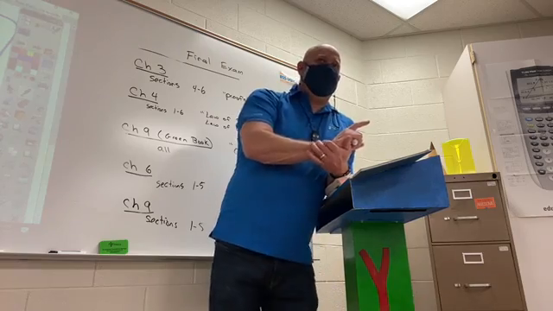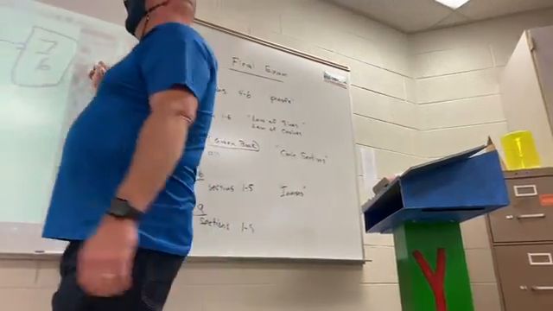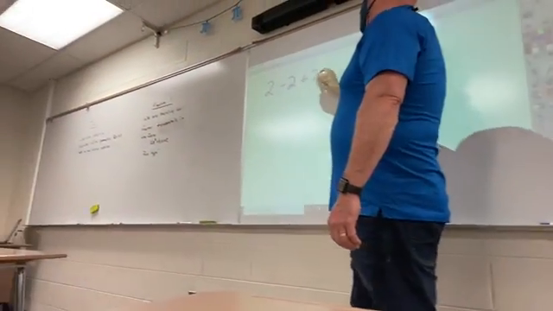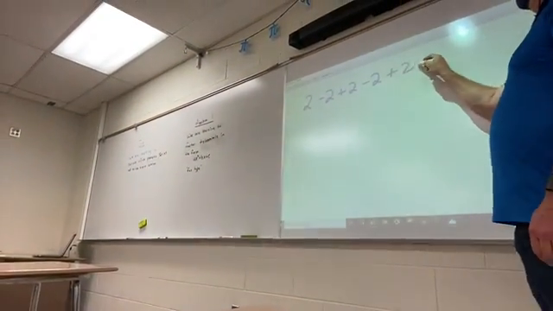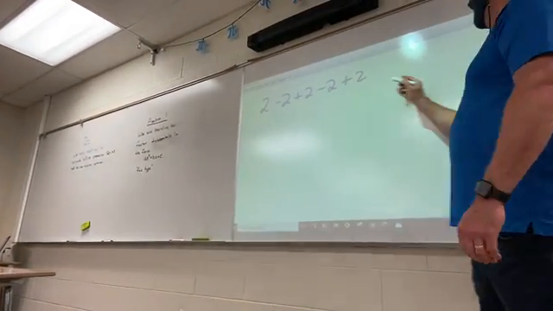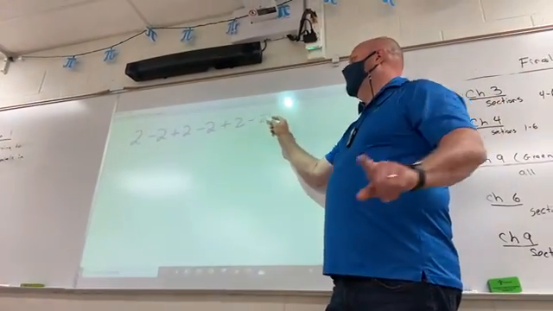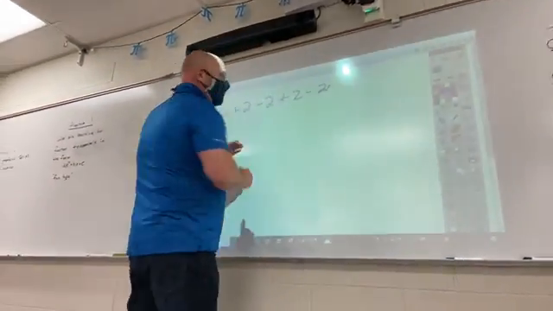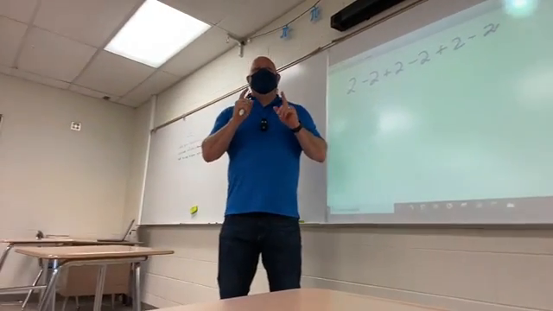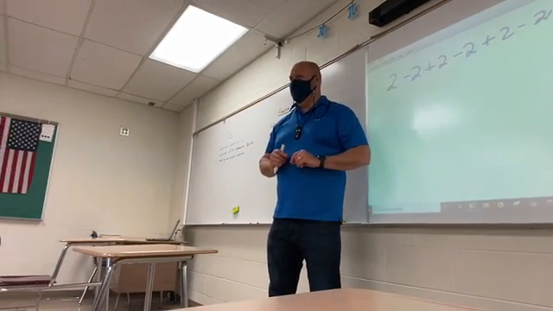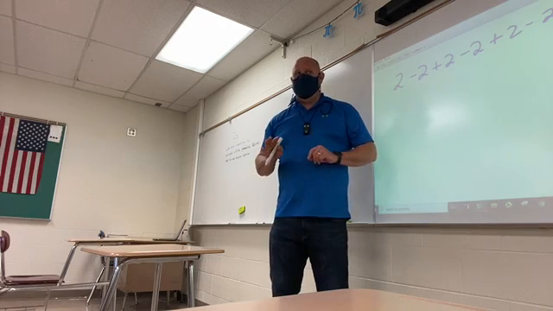If you add up 2 minus 2 plus 2 minus 2 plus 2 minus 2, right? It's not forever going to be 0, because it depends on, is infinite an odd number or an even number? It's neither, right?